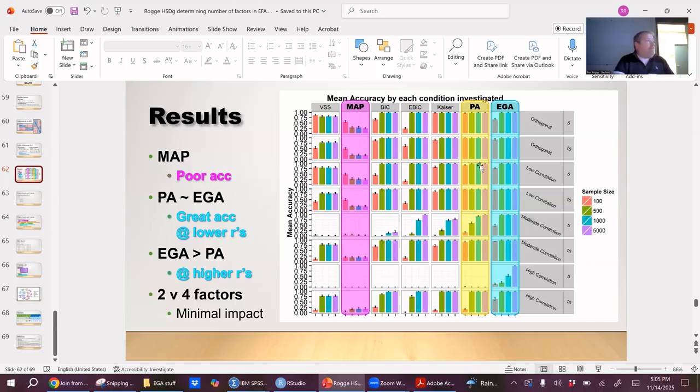But here in this cell, even 5,000 didn't fix principal parallel analysis, right? But if you look at EGA, yeah, you're right. Pretty sucky too. Yeah, it got it right half the time with 1,000.